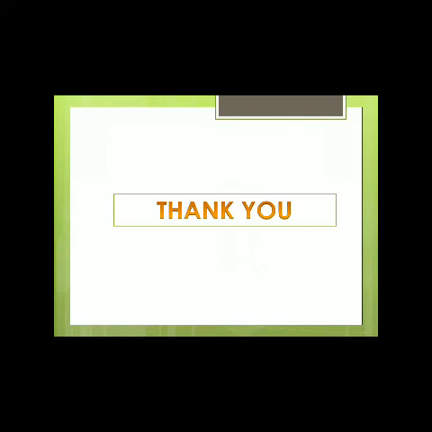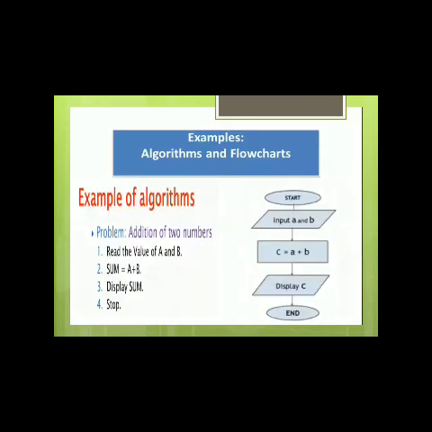So first of all, understand this part and go through the chapter. There are some algorithms and flowcharts done in the book. By the time you are not seeing my part 2 video, don't go through it. First of all, read the chapter, read the theoretical part, what an algorithm is, what a flowchart is. And here I have shared one example with you.